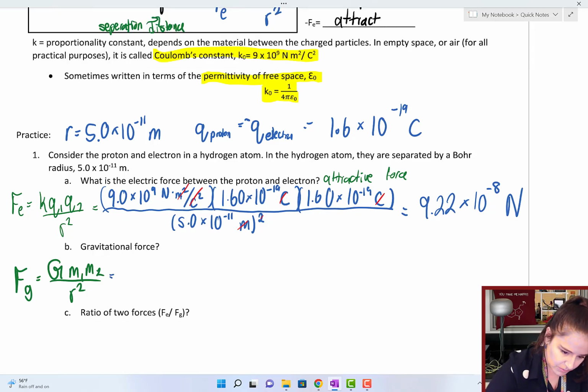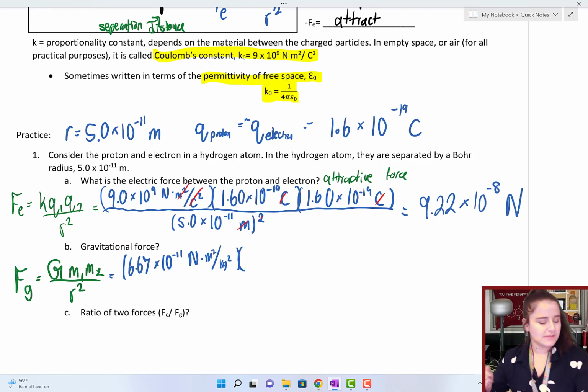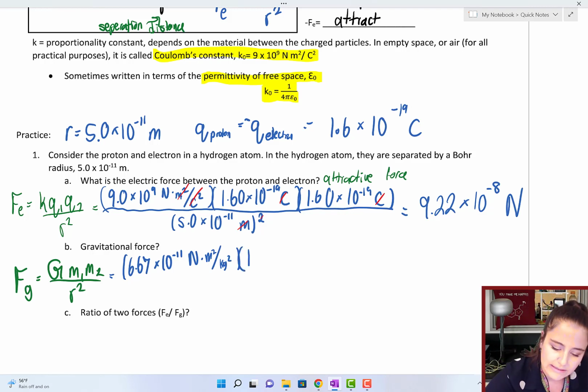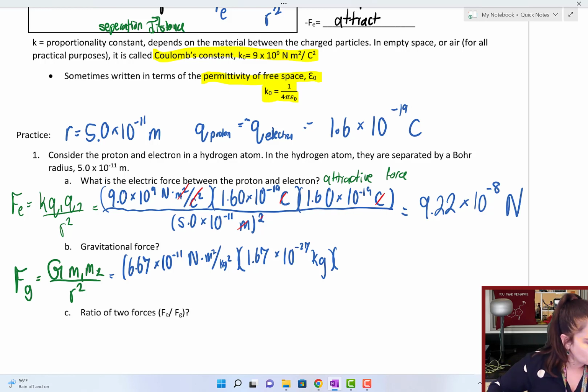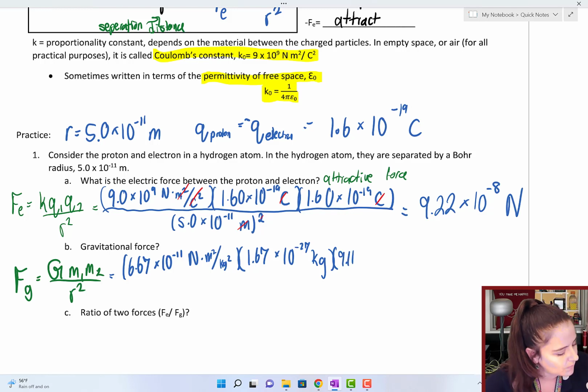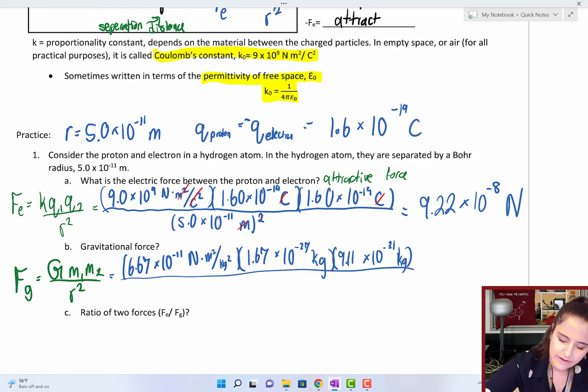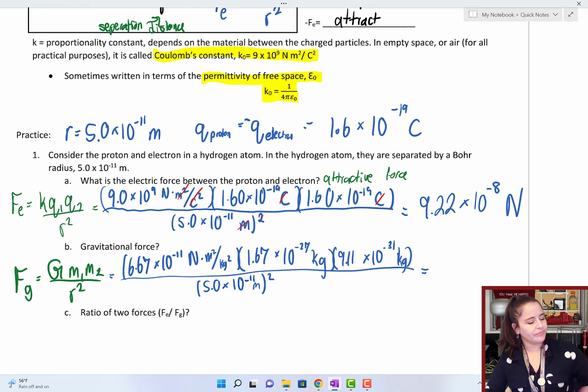We have G, which is 6.67 times 10 to the negative 11 newton meter squared over kilogram squared, times the mass of a proton, which is 1.67 times 10 to the negative 27 kilograms, times the mass of an electron, which is 9.11 times 10 to the negative 31 kilograms, divided by the distance between them squared. And we plug that into our calculators.